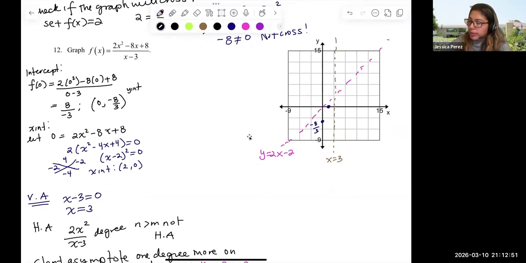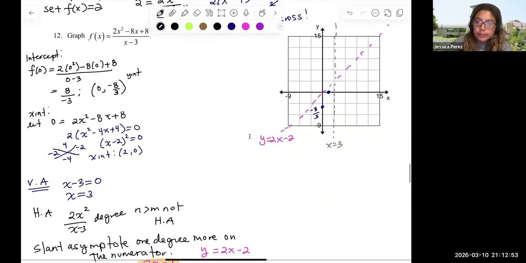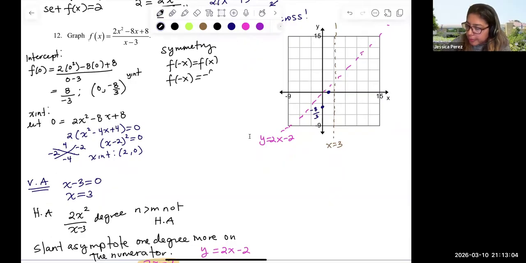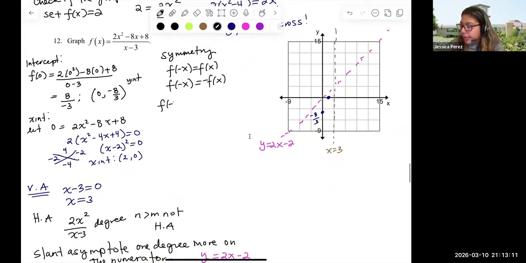And then you want to identify the symmetry. So how do we test it? Is f of negative x equal to the same thing, or is f of negative x equal to the negative of the value? Well, what do we notice if we plug in a negative? f of negative x is equal to 2 times negative x squared minus 8 times negative x plus 8 over negative x minus 3.